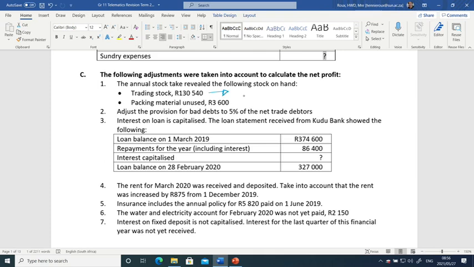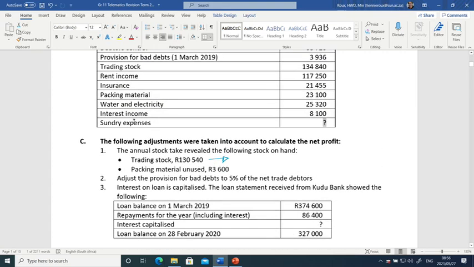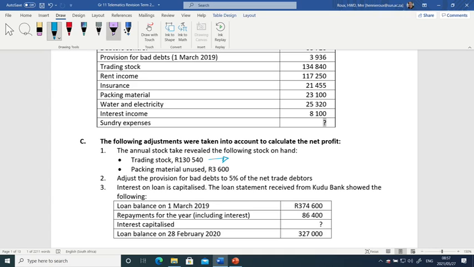And if we look in our pre-adjustment trial balance, we will see trading stock was 134,840. So obviously there's a deficit. And now we've counted 130. So the difference is the deficit.